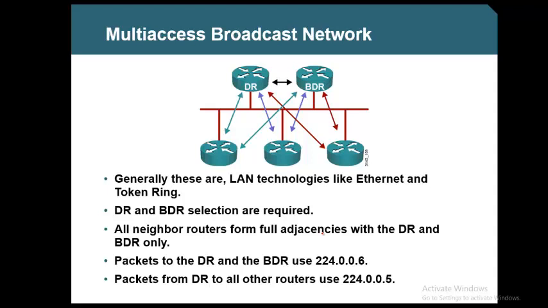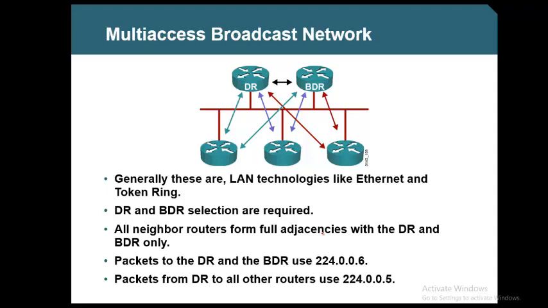Basically, in point-to-point, there is no use of 224.0.0.6, right? Correct, because there is no DR-BDR. Dot 6, 224.0.0.6, is the address that we use to communicate something to the designated router.